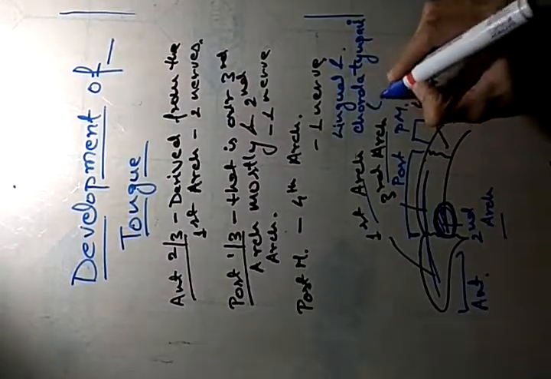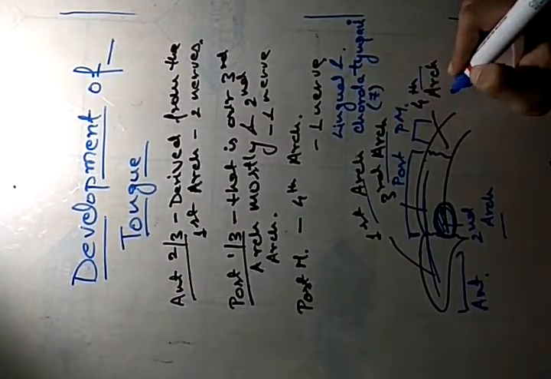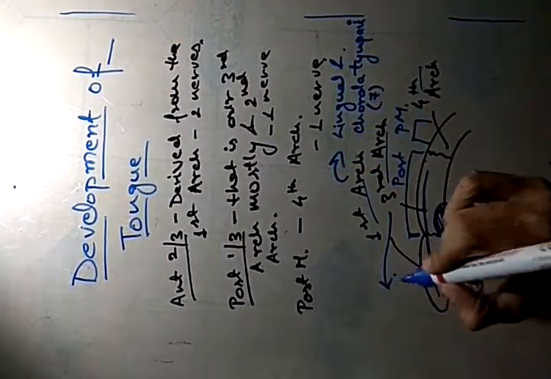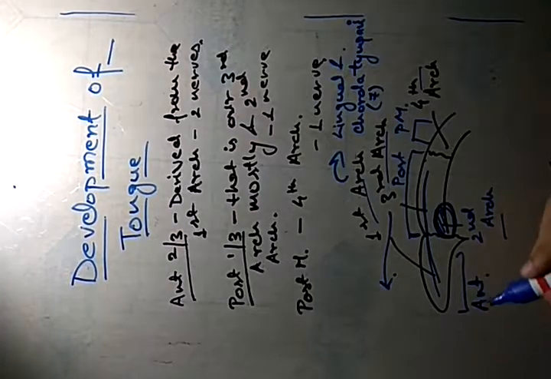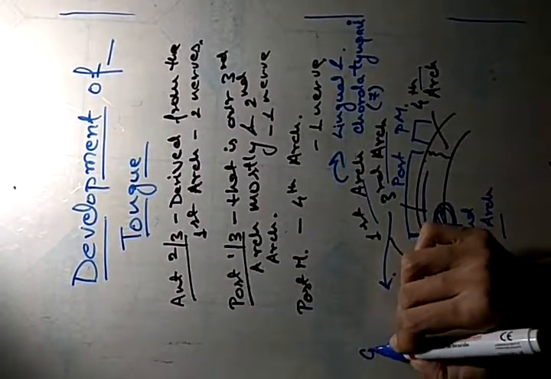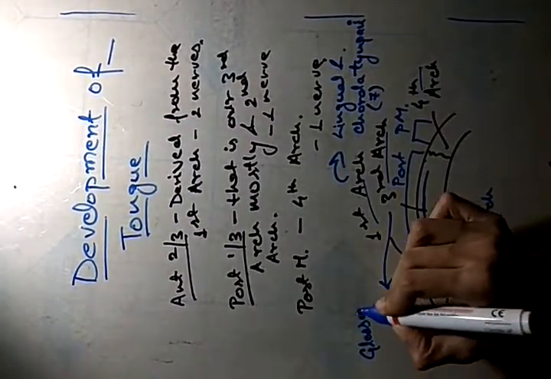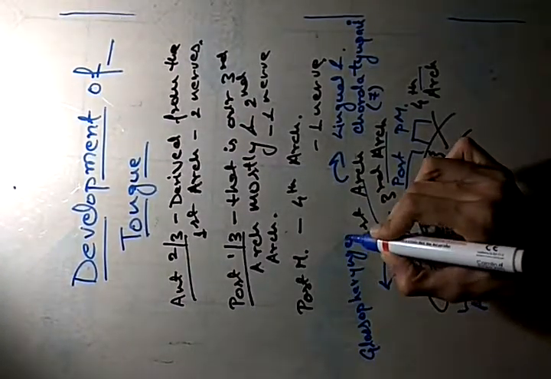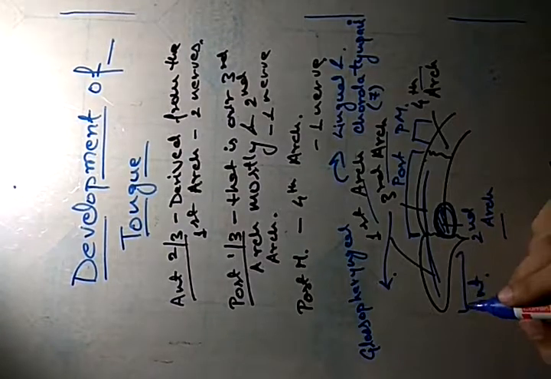Chorda tympani is a branch of seventh nerve. Third arch gets supplied by glossopharyngeal, which is our ninth nerve.